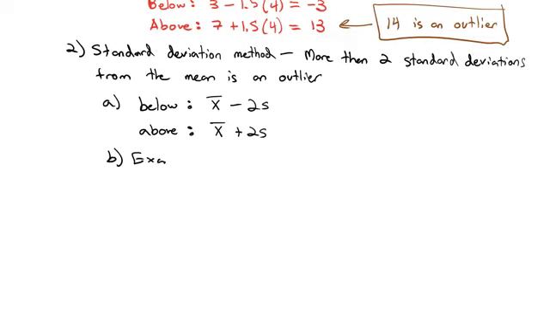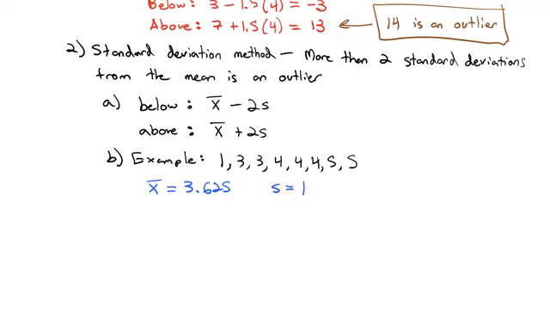So for example, we had our data of 1, 3, 3, 4, 4, 4, 5, 5. And we found out already that the mean of this data is 3.625. And we also found out the standard deviation of this data is 1.3.